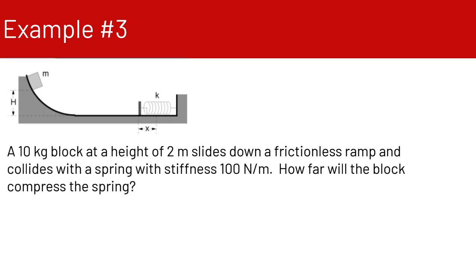Okay, let's look at example number 3. We have a 10 kilogram block at a height of 2 meters that slides down a frictionless ramp and collides with a spring with stiffness 100 newtons per meter. How far will the block compress the spring? We're going to use energy conservation again.